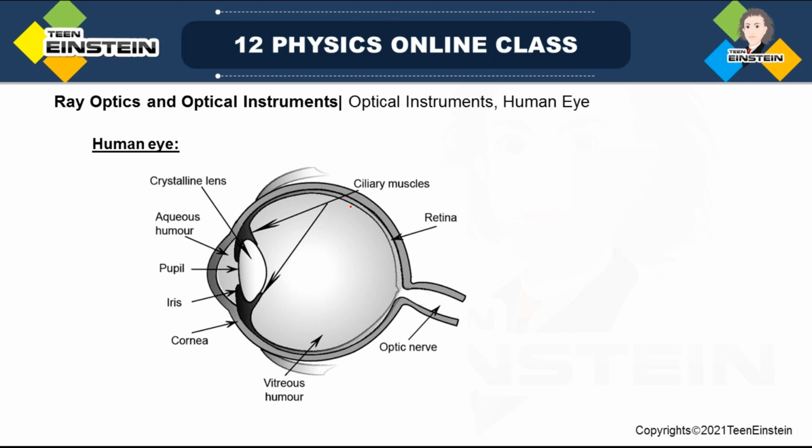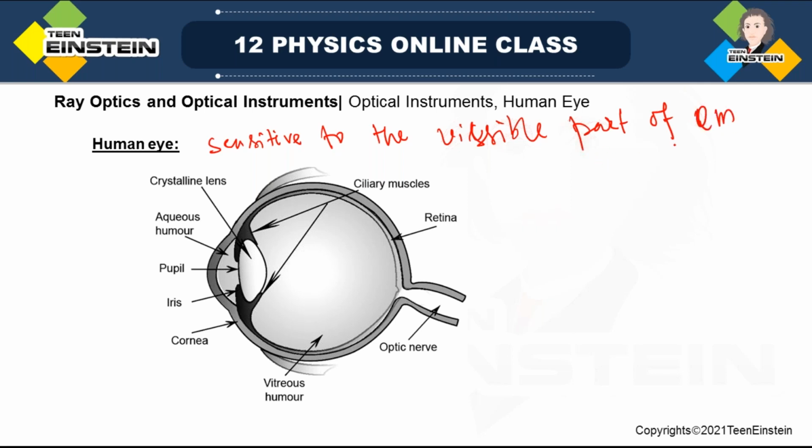Our body has some natural sensors. One among these is the human eye, which is sensitive to the visible part of the electromagnetic wave, the EM wave, which is called light.